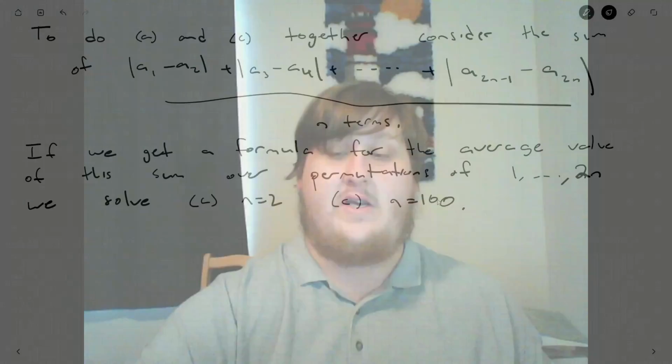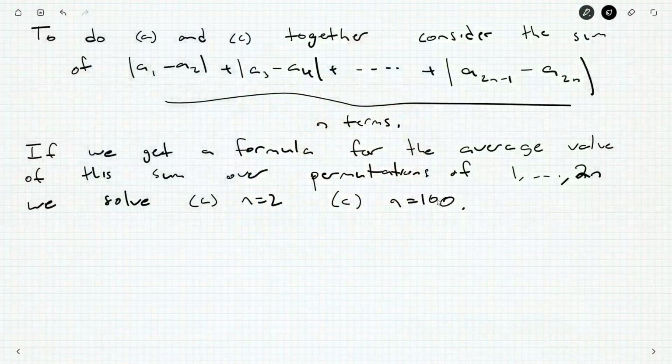So it would just be n times the average value of the absolute value of A1 minus A2 over all permutations. But okay, how do we normally compute an average? Average is the total, the sum of everything.